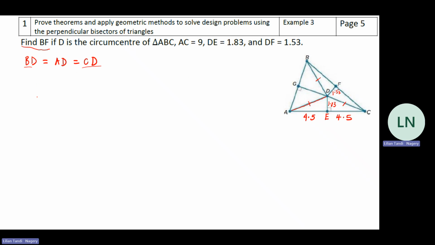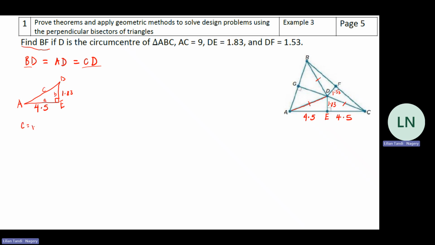So let's draw my triangle. We're going to use Pythagoras theorem. So we know that this is AE, and this is 90 degrees, and this should be D here. And we know that this is 1.83, and this is 4.5. So this is A, and this is B, so this is C.